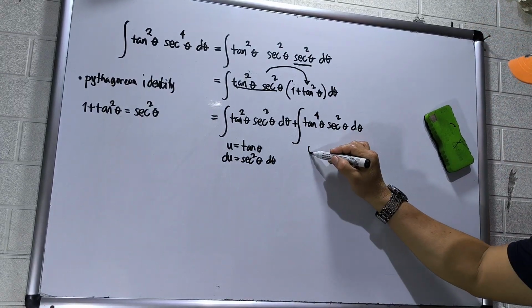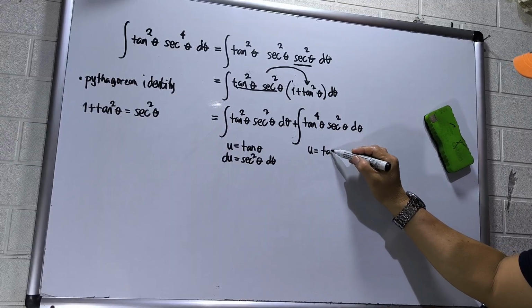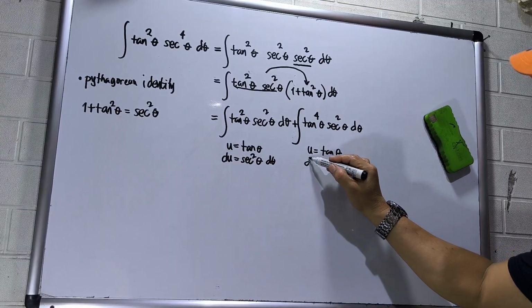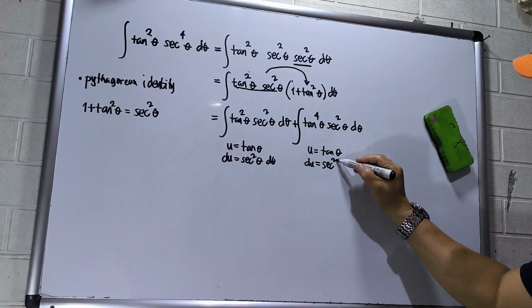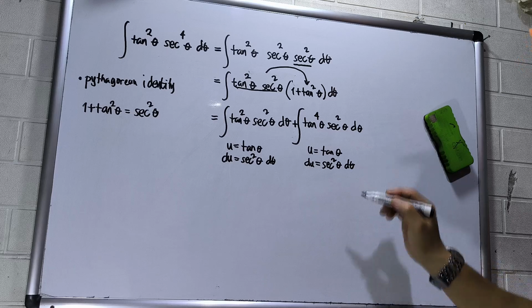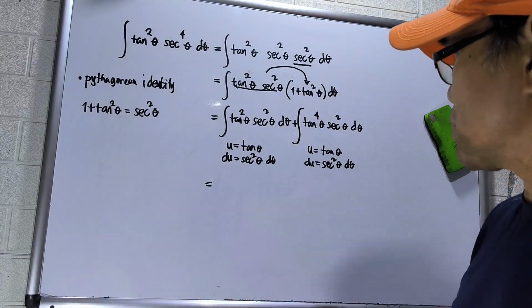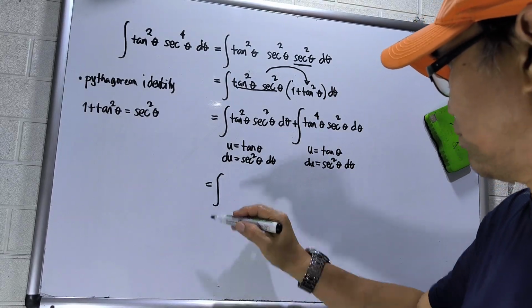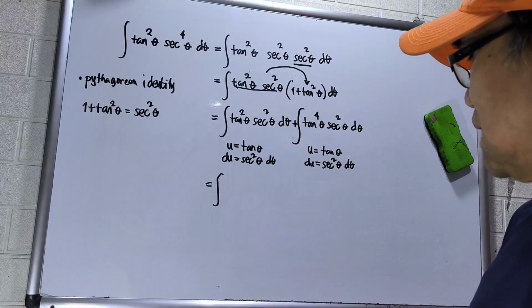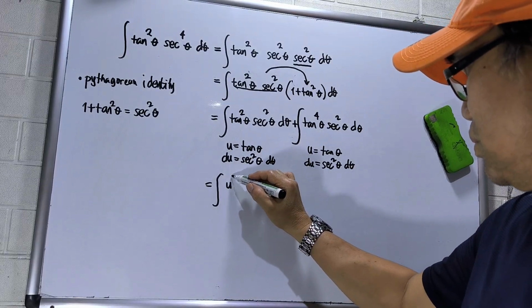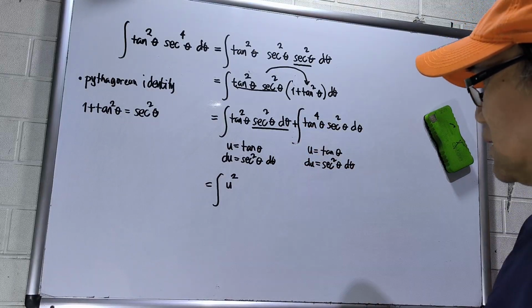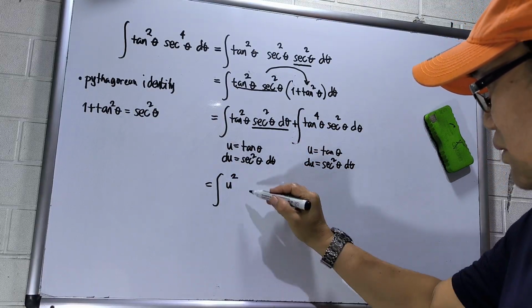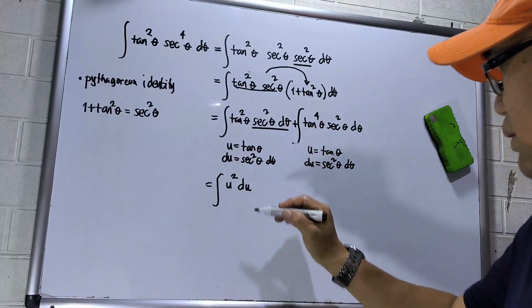Then this one also, u will be tangent theta. Differentiating both sides, that will be secant squared theta d theta. Okay? So this will be the integral of tangent theta, that will be u squared. Then how about secant squared theta d theta? That will be equivalent to du. So this will be u squared du.